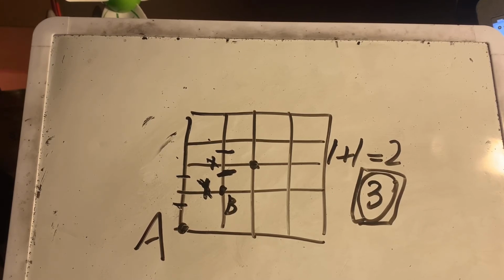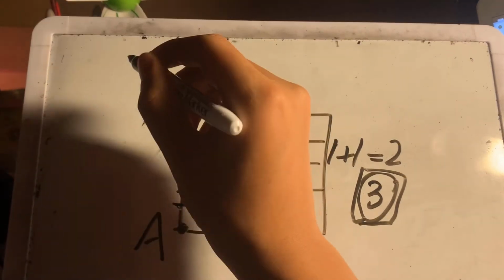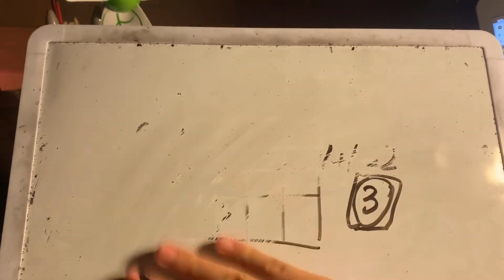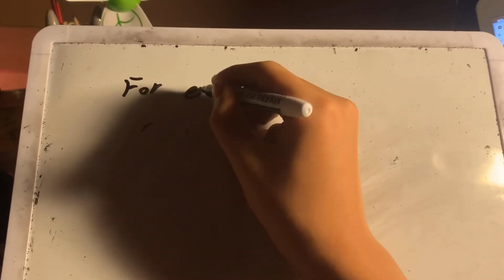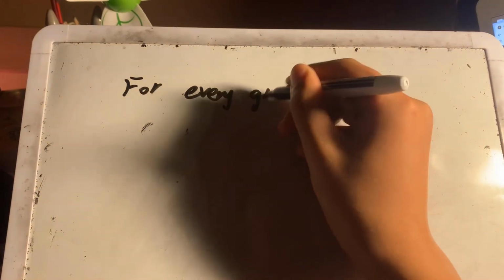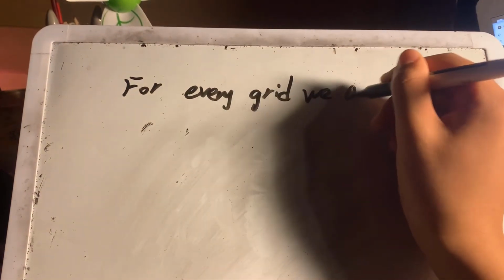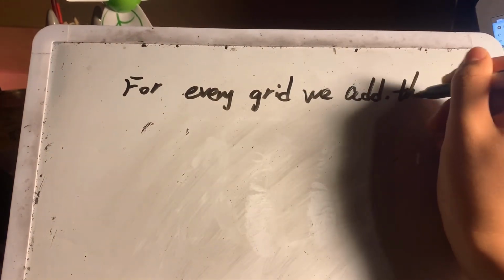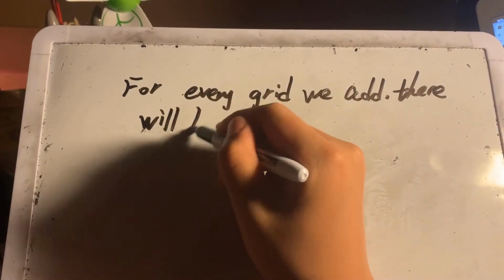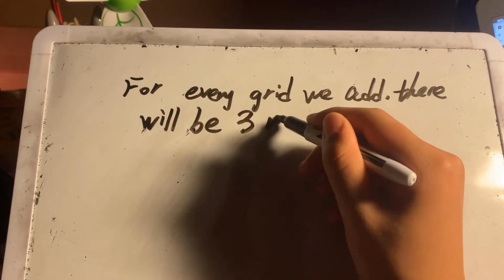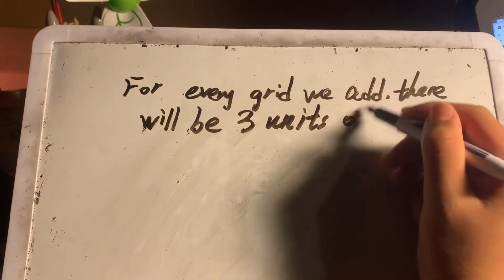So what we can find in these circumstances is that for every grid we add, there will be 3 lines added.